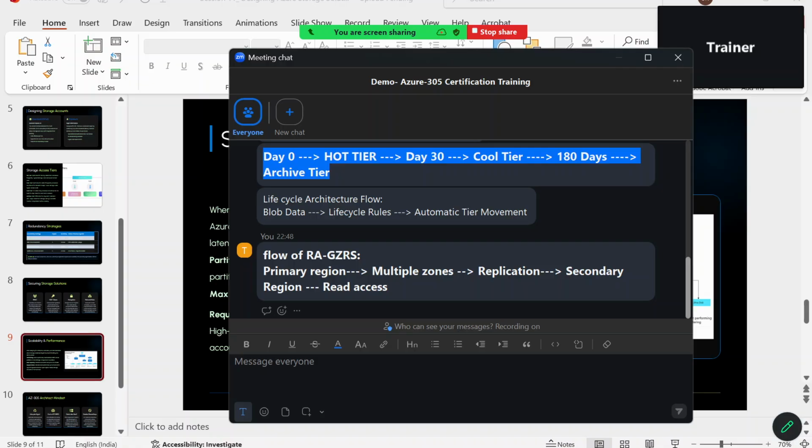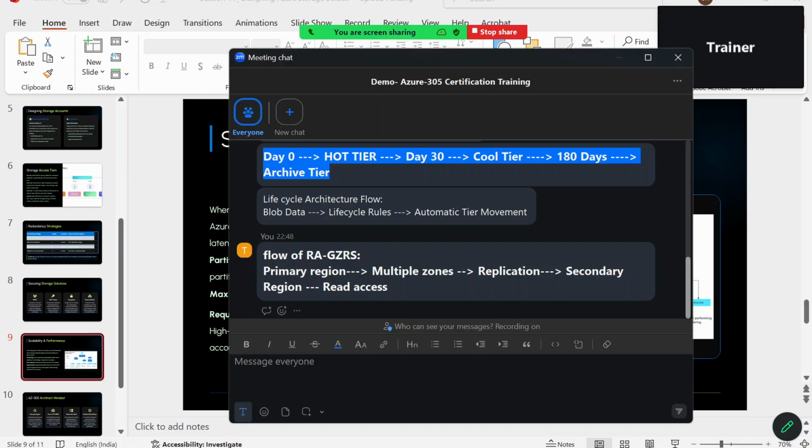Enterprise design typically includes replication, versioning, soft delete, backup, and recovery procedures. And what are the common mistakes? Using LRS for mission critical data, confusing backup with replication, no DR strategy, no versioning, no retention planning, and overlapping for unnecessary redundancy.